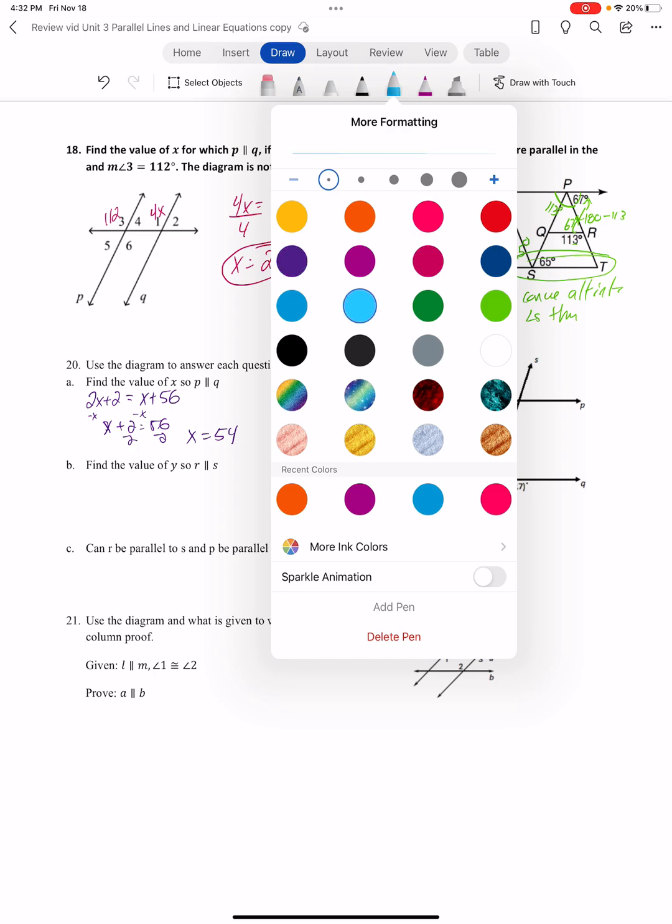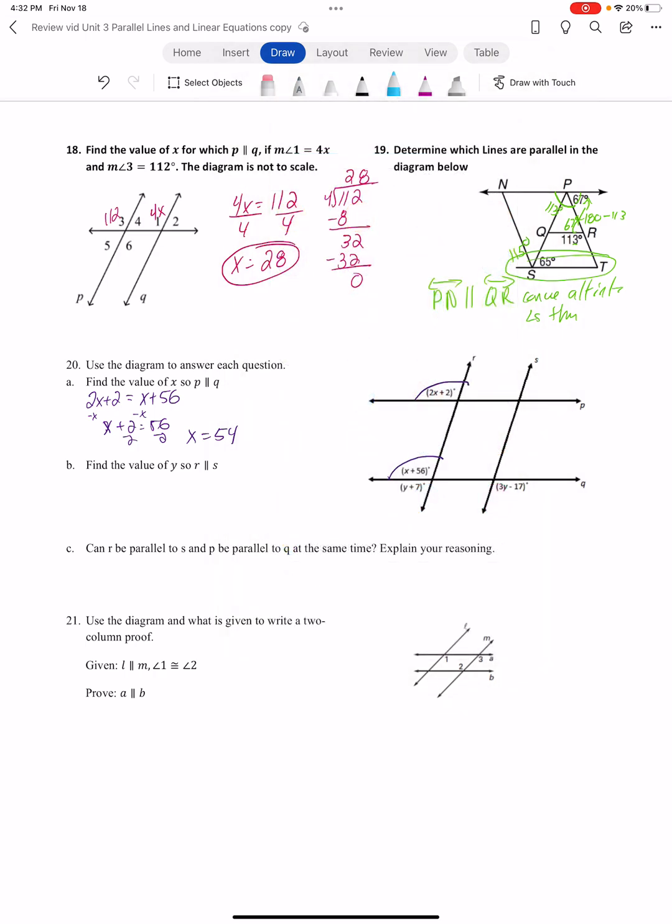All right. So then the next thing is, it says find y if r was parallel to s. So if r was parallel to s, those are consecutive exterior angles. So I know y plus 7 plus 3y minus 17 is equal to 180.